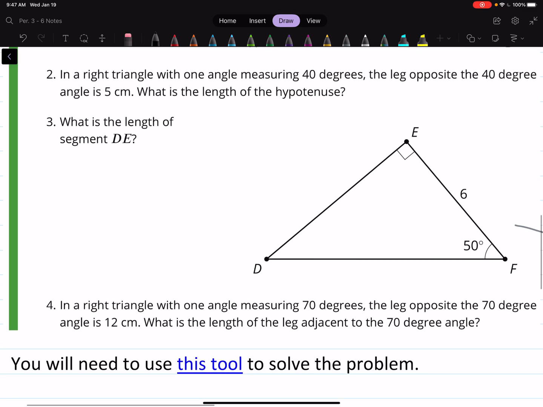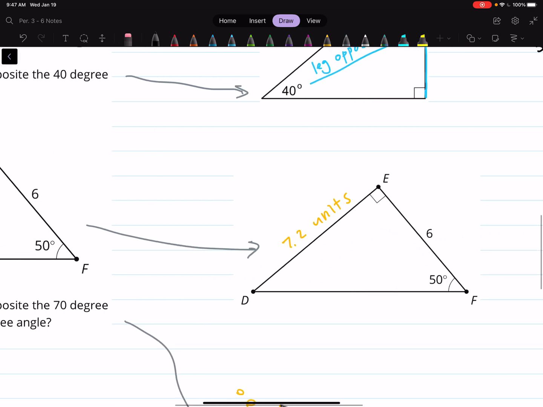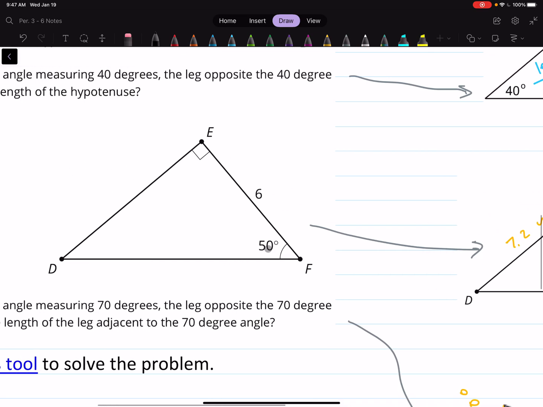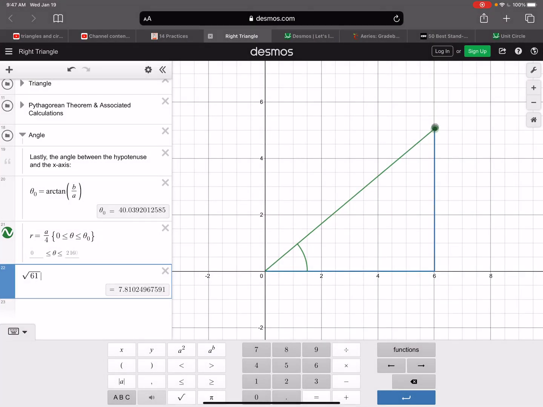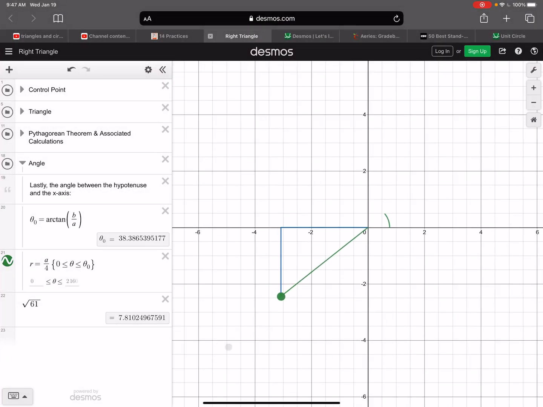What is the length of segment DE? So we have to find this length right now. So what I'm going to do is we got 50 degrees. So this is going to be a little bit confusing. Actually, let's see if I can make, yeah, there you go. So we got to make it 50 degrees, voila, 50 degrees.